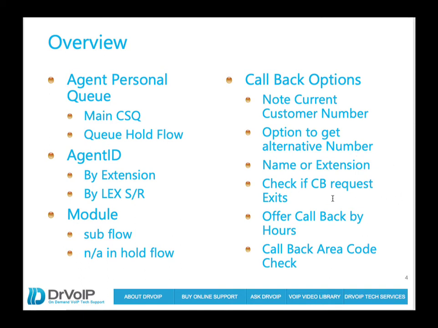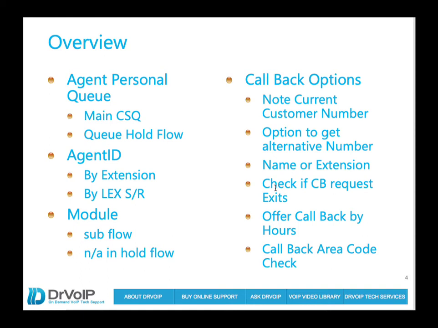We also want to check to see if a callback request already exists. Again, folks have a tendency to be impatient, so they call into the system, they leave a callback request, call back 5 minutes later, and try to do the same thing. We need to capture that. We need to go check. And if you're following along, we're not going to put the callback in the queue. We're going to put it in a DynamoDB table.